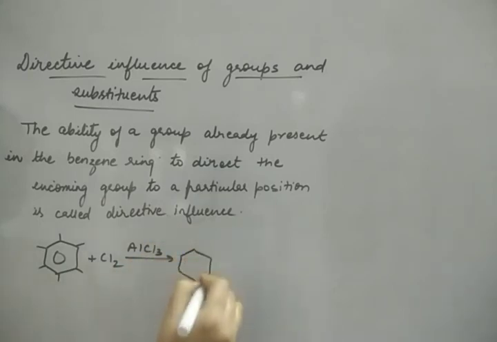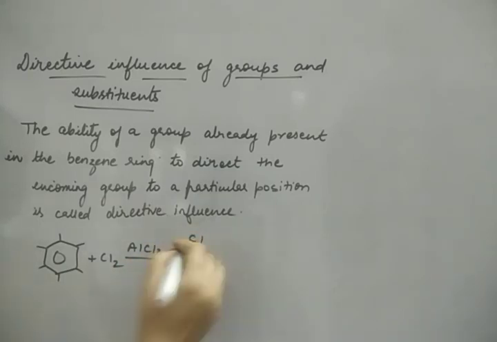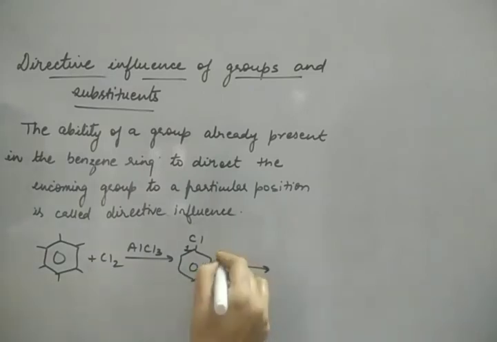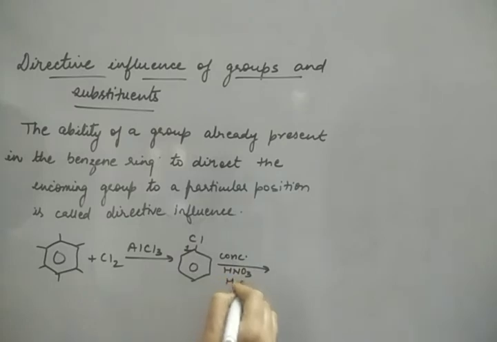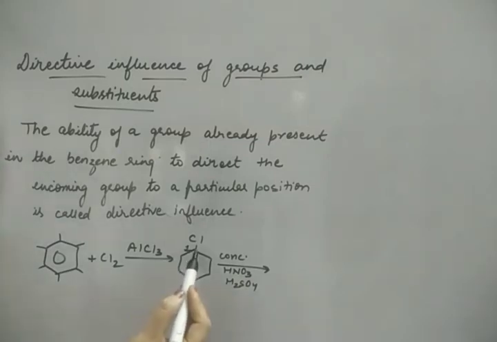Suppose chlorine is occupying this position. Now this position will be 1. Now suppose nitration is done the second time. Now if nitration is done, we have to introduce an NO2 group. Now where will the NO2 group be attached? This position is already occupied by chloro.